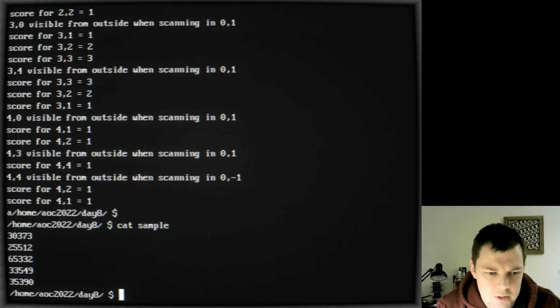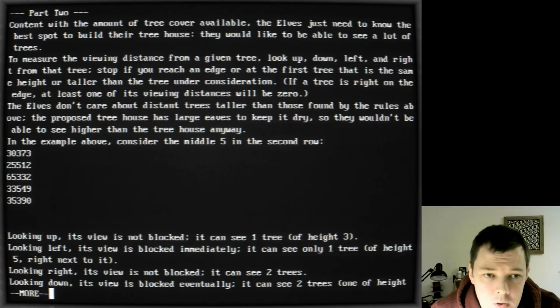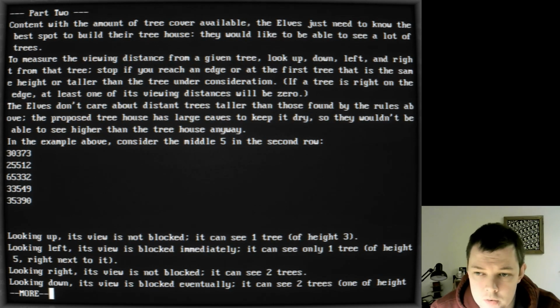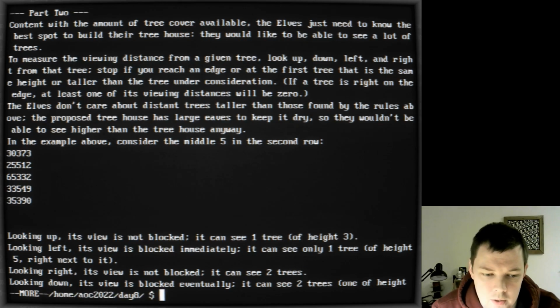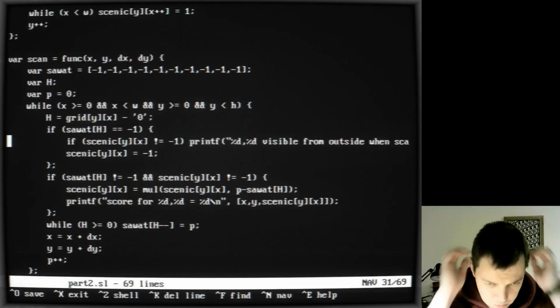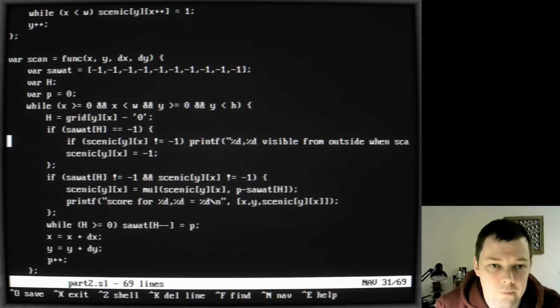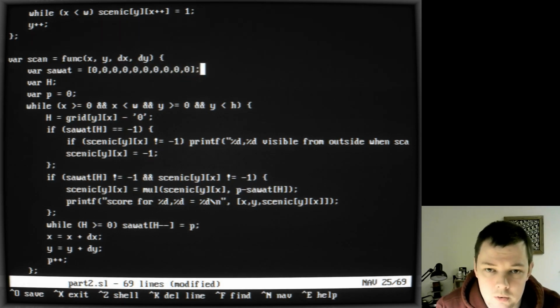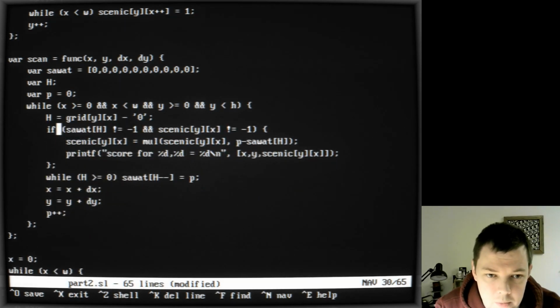Oh, have I misunderstood the problem? I thought we only wanted trees that were blocked from the outside. So this wants to be... the problem's actually quite a bit easier than I thought.